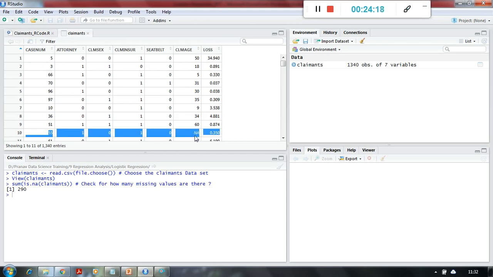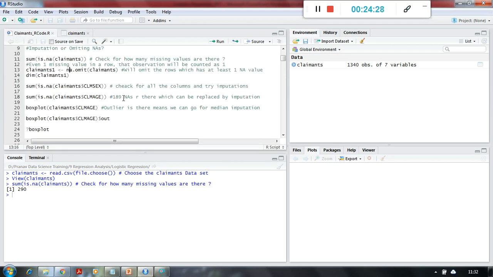So the meaning of this is, only because of one value I am missing 1, 2, 3, 4 and 5 different values. And data is very significant when it comes to data science, machine learning, writing predictive modeling, because data is something like nowadays it has become an oil, right? So we cannot simply omit the data.